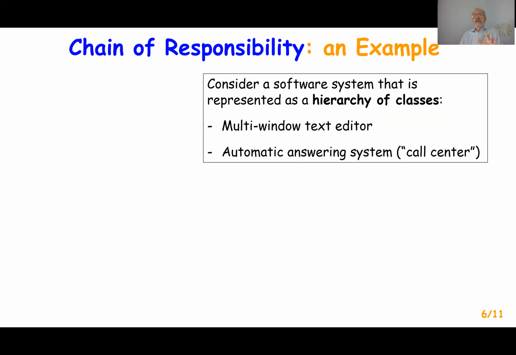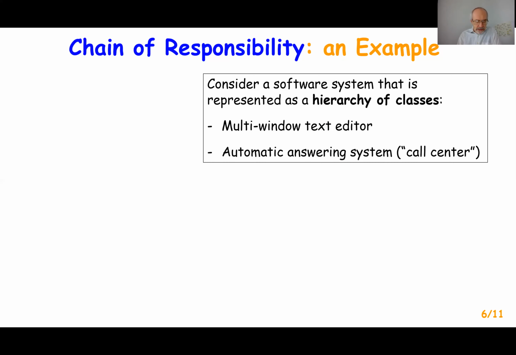Just two examples of such a system: a multi-window text editor and an automatic answering system, or simply speaking, an automatic call center, or even a call center working without software support, just a lot of people with telephones answering questions. It doesn't matter. There is a similar way of functioning of such a system.